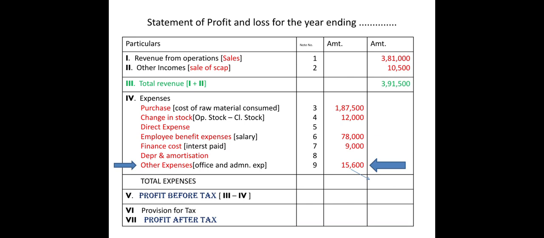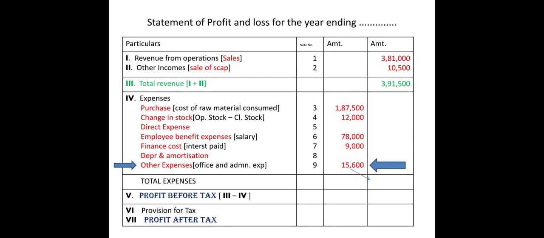Now student, you know that office and administrative expense comes under the heading of other expenses. Okay, so you can see here under the heading of other expenses I have written 15,600. Okay, and number 8, at number 8 it is depreciation.